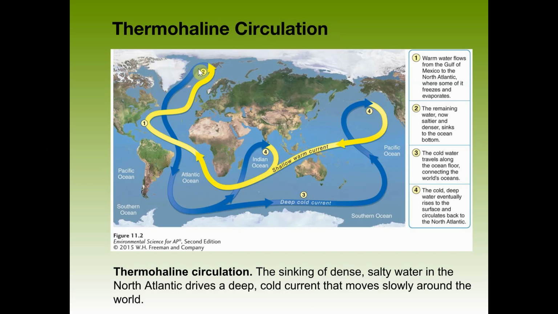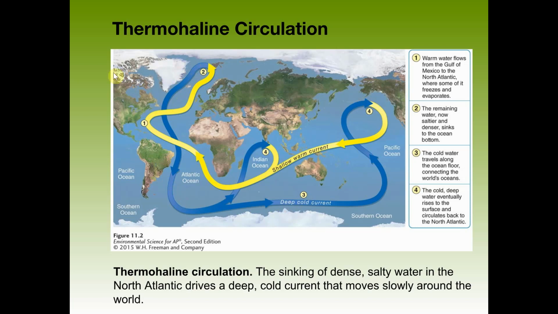This makes that water now saltier. Saltier water is denser, so that means it's going to sink. And so we have these surface waters that now have lots more salt and they sink, and that creates a very cold, deep flow of water that then makes its way back across the globe.